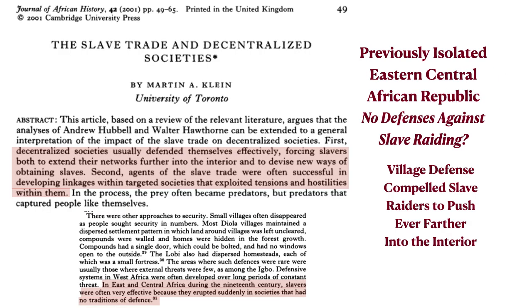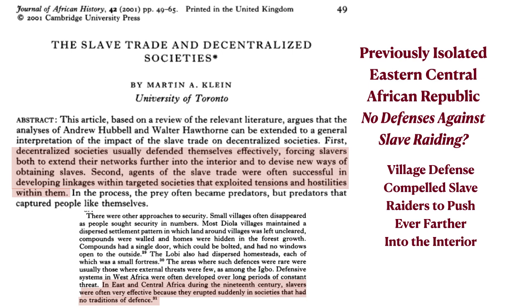And I found this article from a quarter century ago, Martin Klein, The Slave Trade in Decentralized Society, Journal of African History. But I think it has some really important points to make here. One is that as the slave trade continued over the centuries, slavers moved more into the interior. And this eastern part of Central African Republic is about as interior as you can get in Africa.